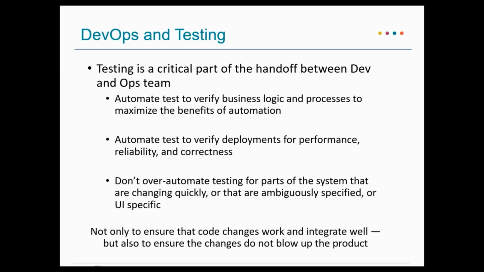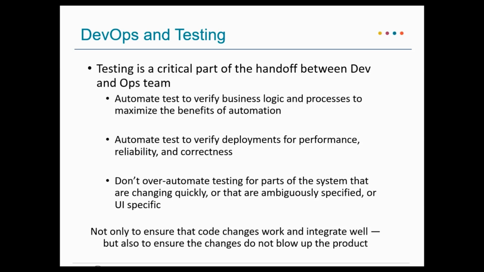Suppose we want to verify something like a color or some UI-specific positions of some items, which can be verified only, or more accurately, through manual testing. So don't spend more time automating those parts. It's always good to verify them manually in those cases.